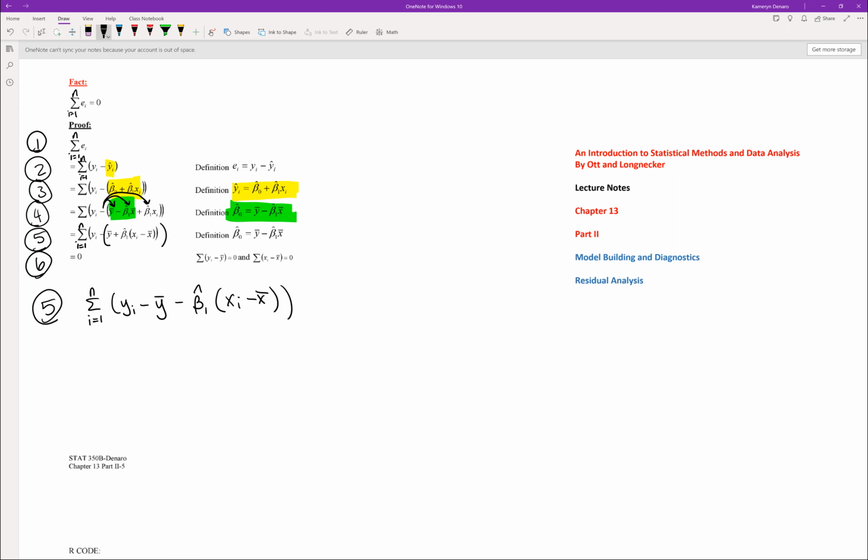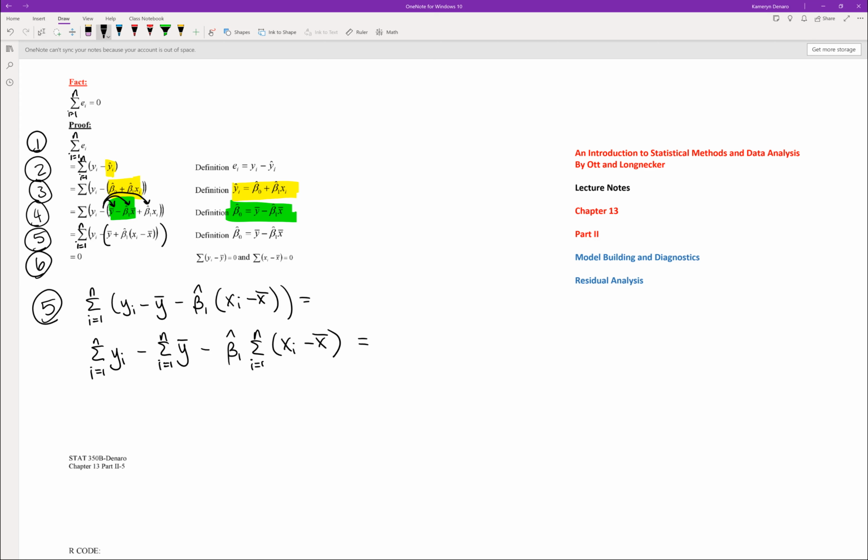We're going to pull that summation sign through. So this is the summation i equals 1 to n of the y_i minus the summation i equals 1 to n of the y bars minus beta 1 hat times the summation i equals 1 to n of x_i minus x bar.